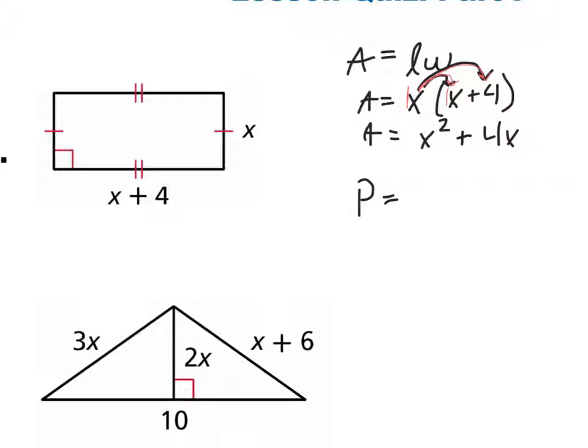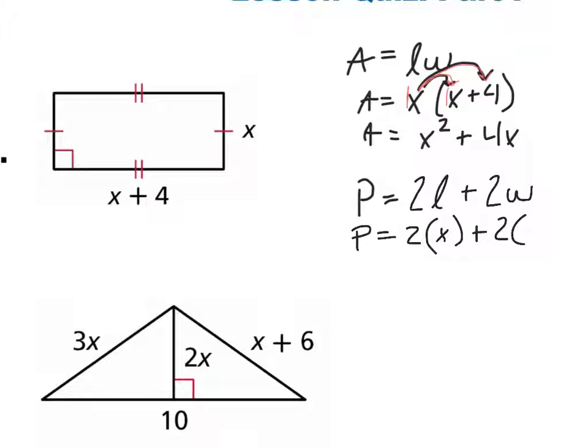Okay, so perimeter. What's the formula for perimeter of a rectangle? 2L plus 2W. So what did we say the length was? X. And what's the width? So we have 2 times x plus 2 times x plus 4.